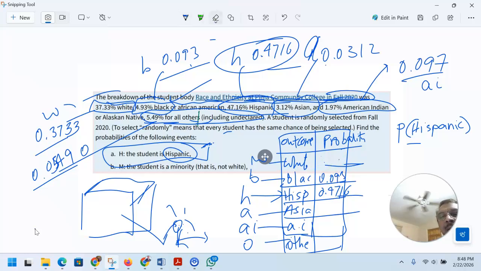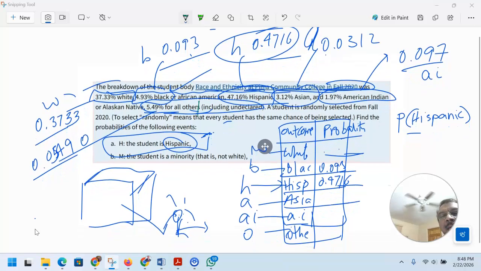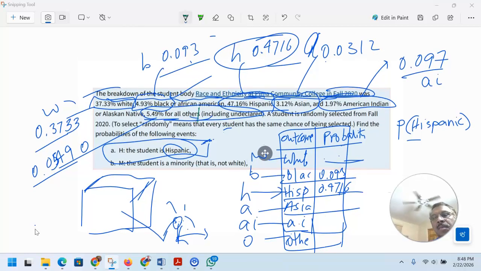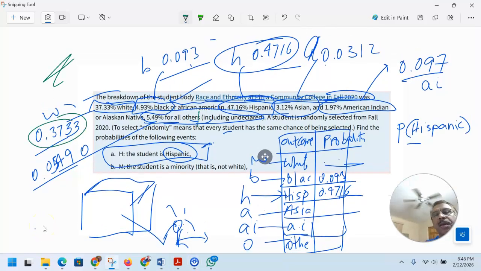The white population is more, that is 37%, so this number has to be written here, 0.3733. So Asian is 0.0312, Indian American is 0.097, and the others is 0.0549.